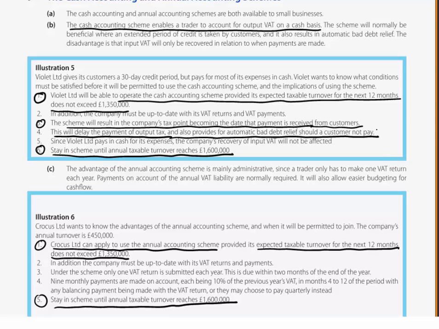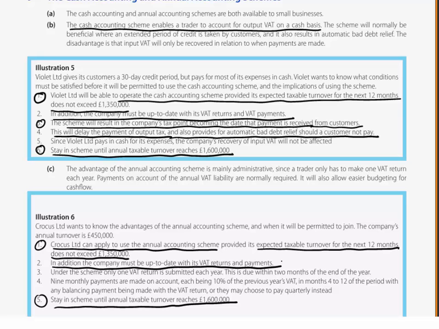Other issues here, to be able to be eligible, the company must be up to date with its VAT returns and VAT payments. That is also a situation for the annual accounting, must be up to date with its VAT returns and payments. That is, if it's other than a new business.